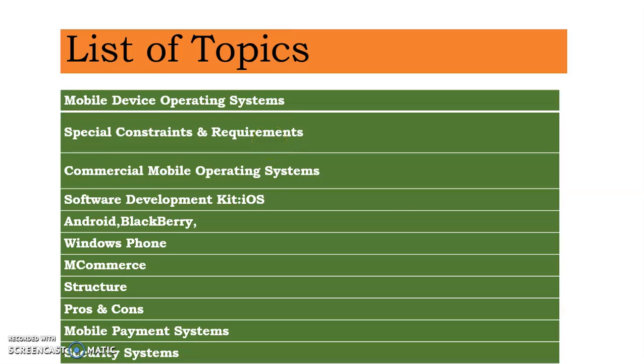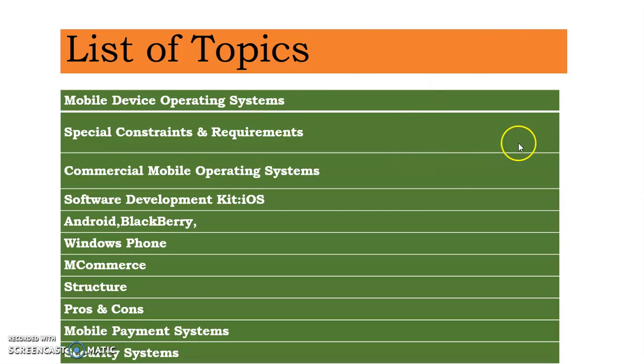Next, software development kit: iOS, and then Android, BlackBerry, Windows Phone, M-Commerce, structure, pros and cons, and then mobile payment system. Finally, security systems. These are all the upcoming topics to be covered in Unit 5.